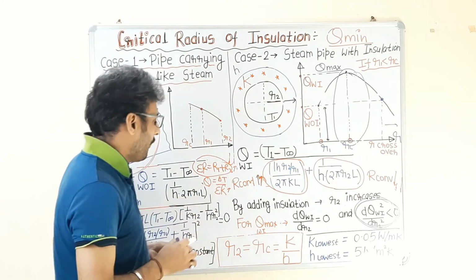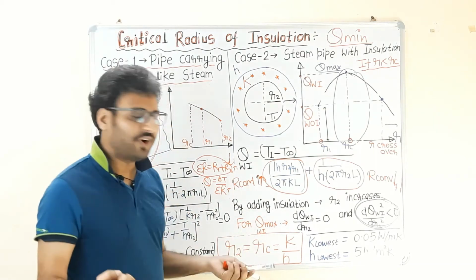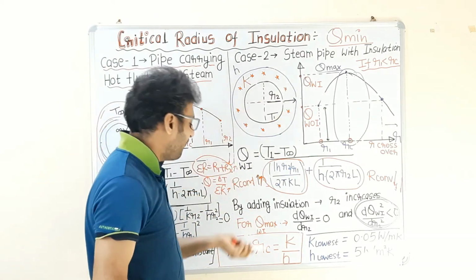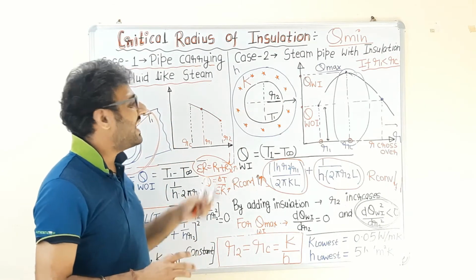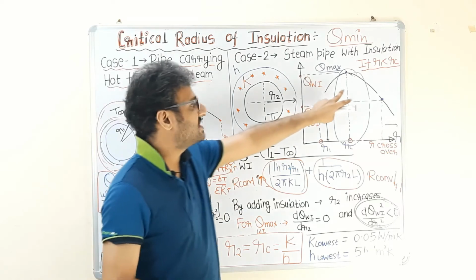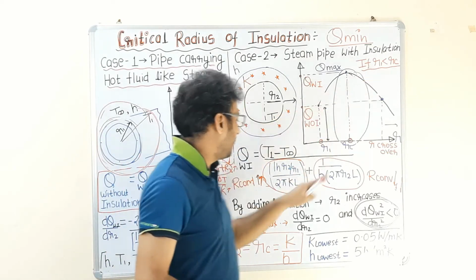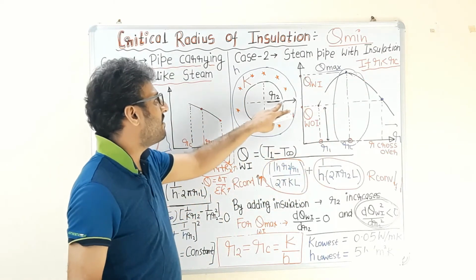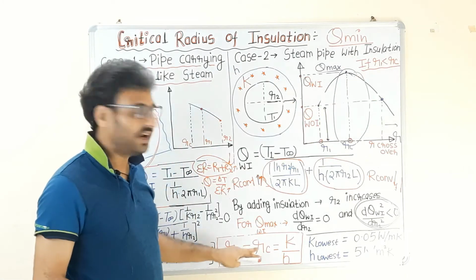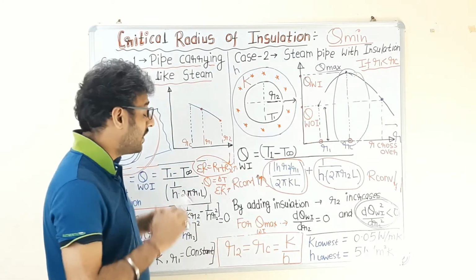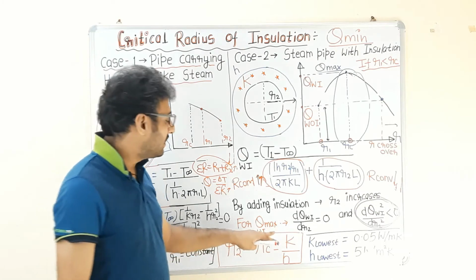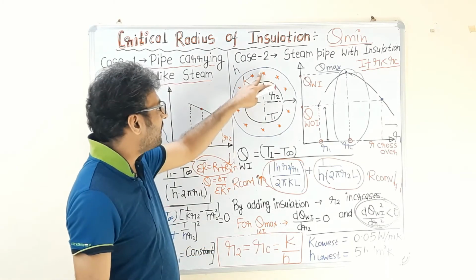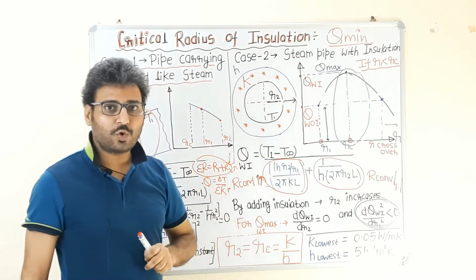Now from this expression, for a given material of the insulation, we can determine the critical thickness of the insulation. So there arise two cases. Case number 1, which is the general case, where R1, the initial radius of the steam pipe, is lower than the critical radius of the insulation. The critical radius of the insulation depends on the thermal conductivity of the insulating material and the convective heat transfer coefficient.